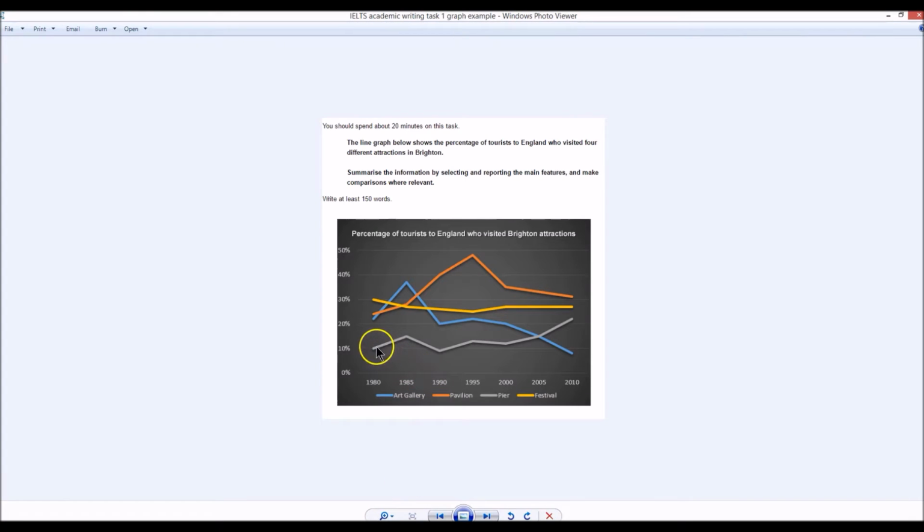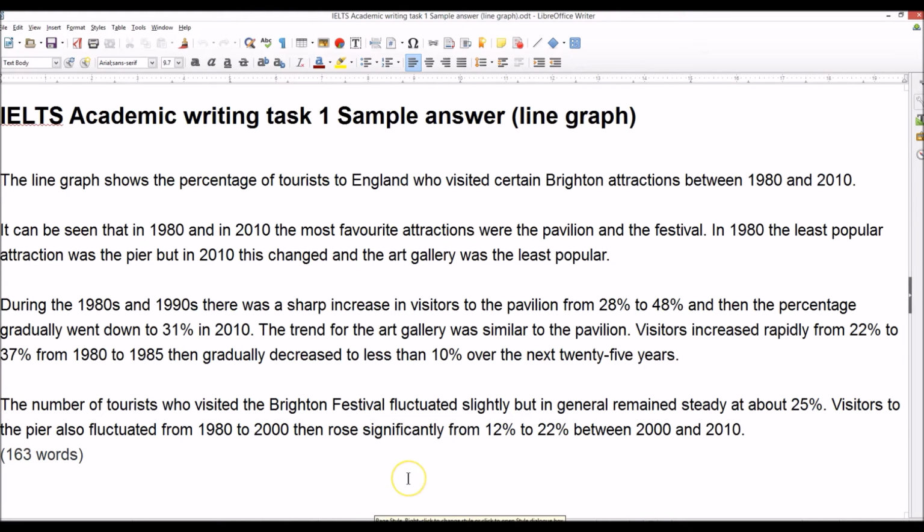That's it. There's no need to be talking about every single dip or rise. You don't have space, you don't have time. It's just, as the criteria said, the main features, not every single feature. Okay, now it might take a bit of practice before you get used to what those are, but that is basically it.